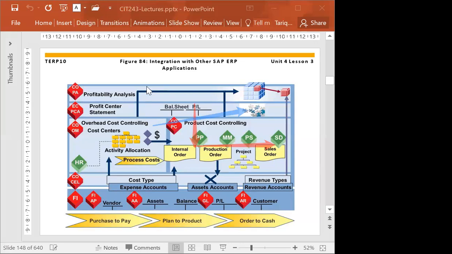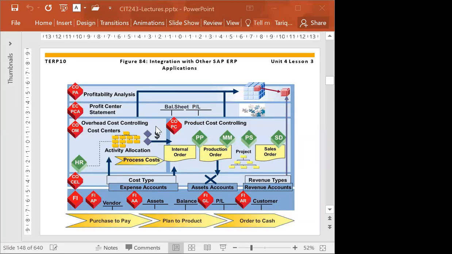They go as a cost posting to the controlling. Now, when we do the purchase order in material management, that also generates a commitment posting, and the commitment goes to the managerial accounting. Goods issue generates a cost posting, and it goes to the controlling.